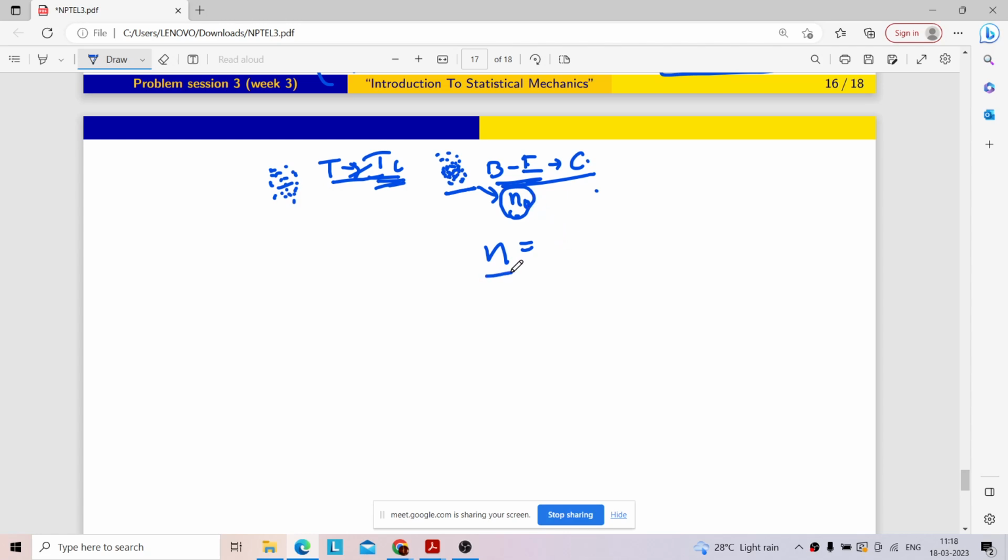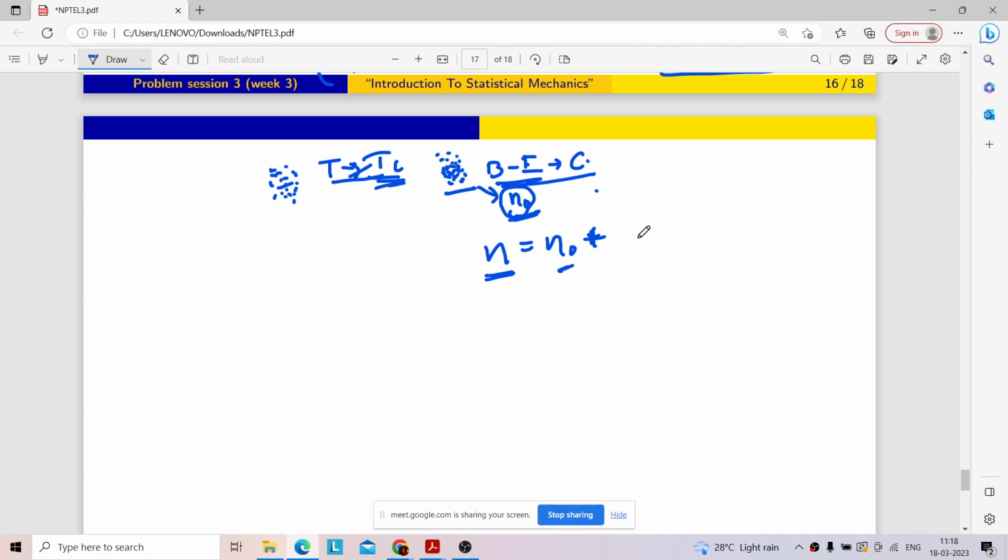So I can write my total number of particles as n equal to n0 plus... sorry, n0 is not the number of particles in Bose-Einstein condensate. This is the rest of the particles.